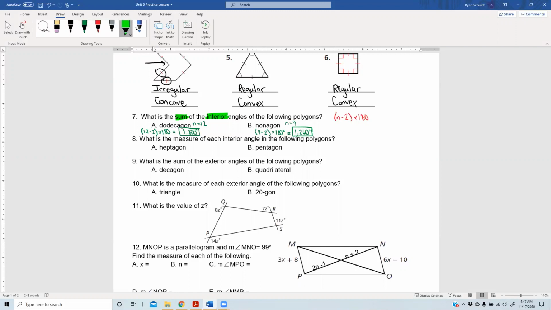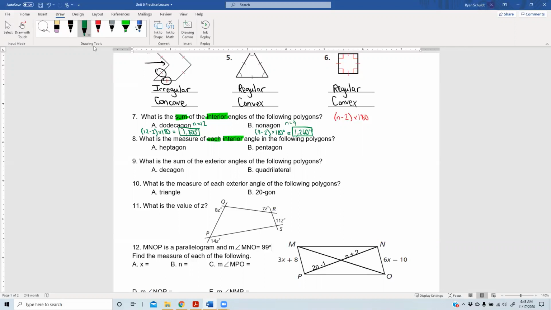Now, number 8 asks us for the measure of each interior angle. So we have to use our n minus 2 times 180 formula, but then we've got to divide by how many sides it has.